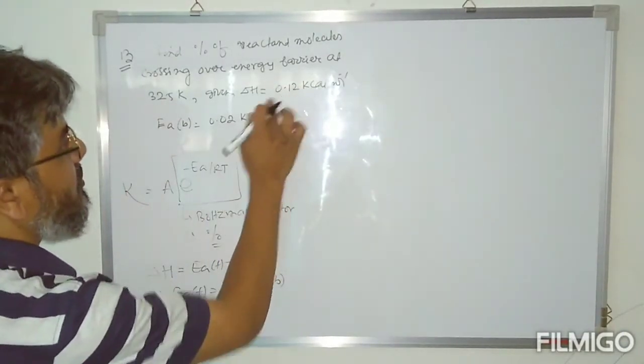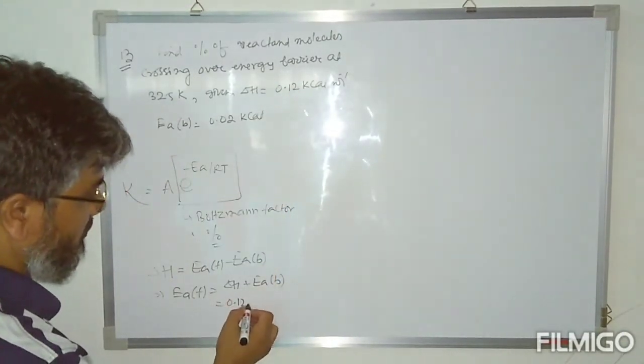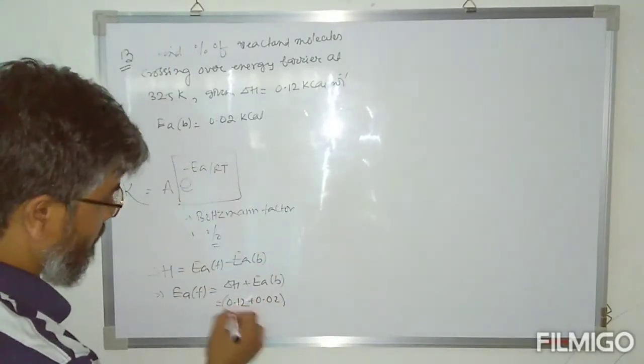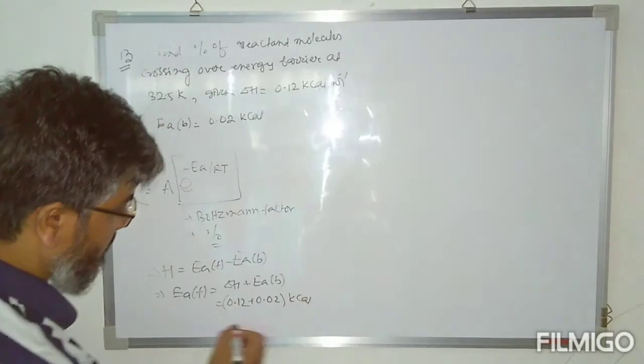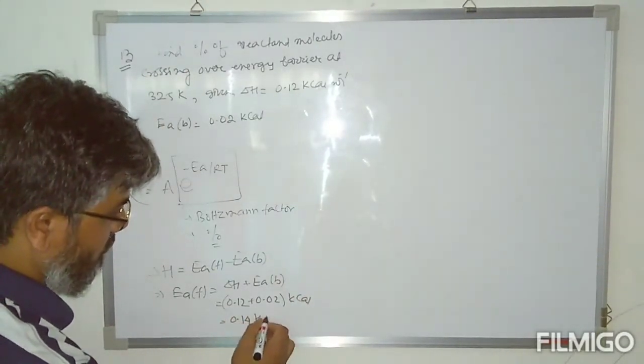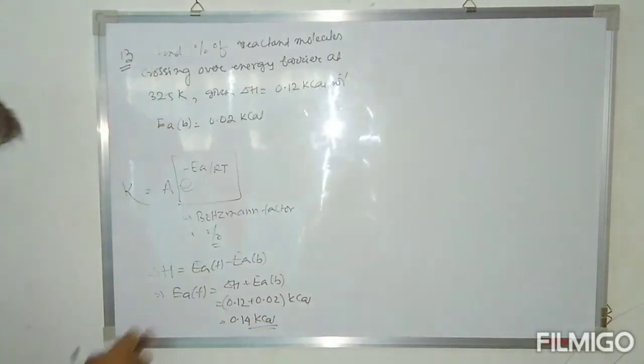Delta H is 0.12, this is 0.02 kilocalorie. So this is 0.14 kilocalorie per mole. That is the activation energy of the forward reaction.